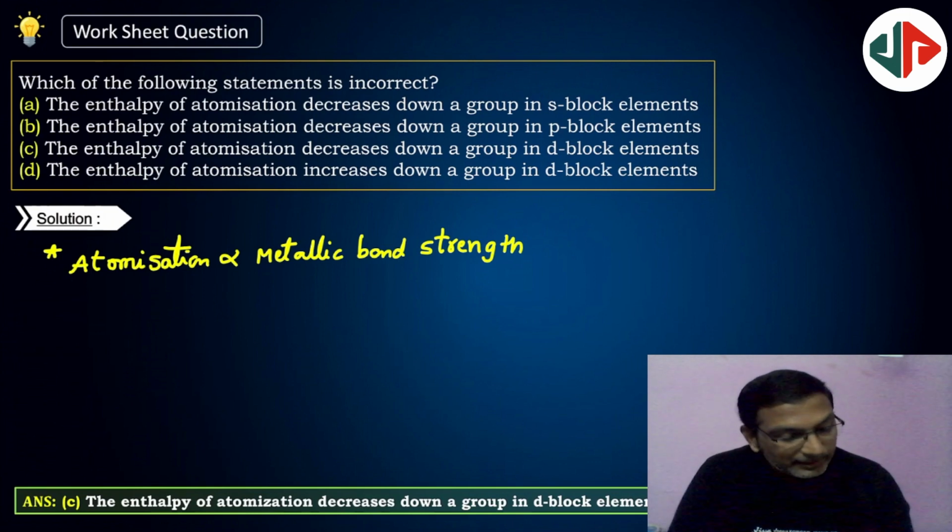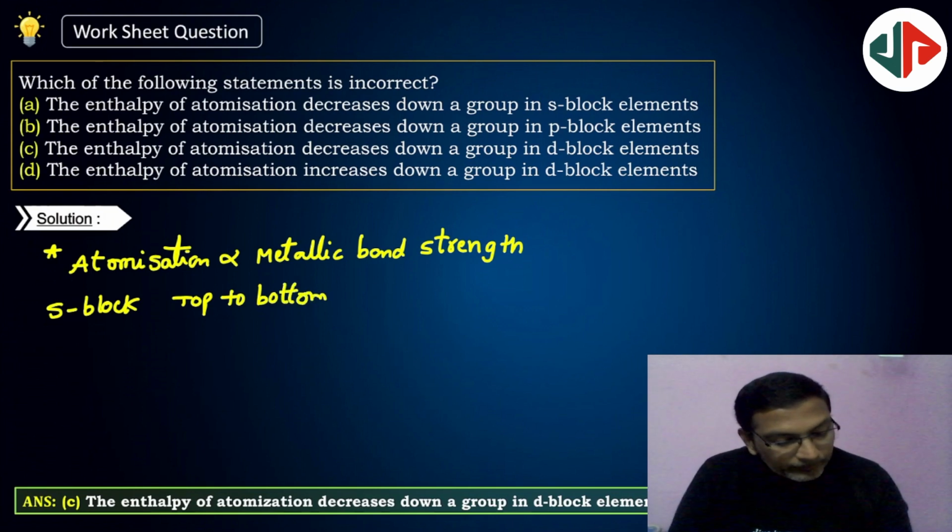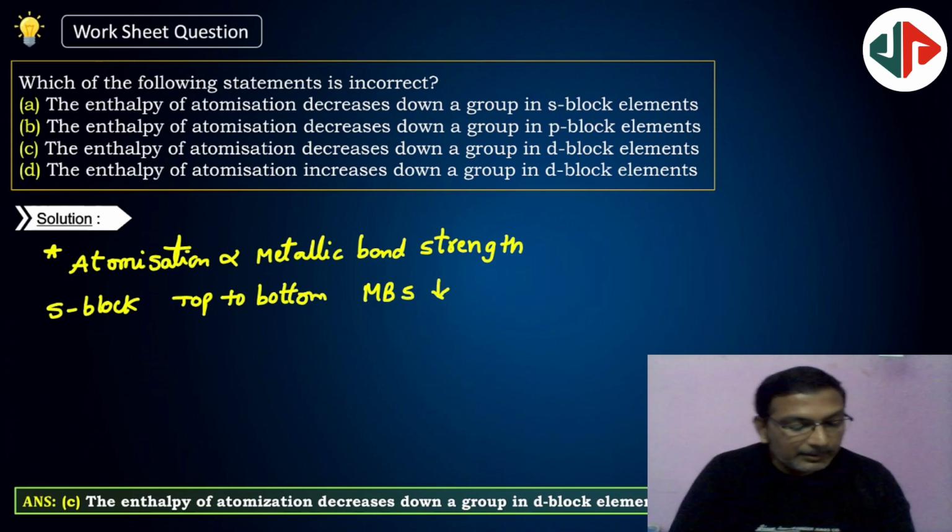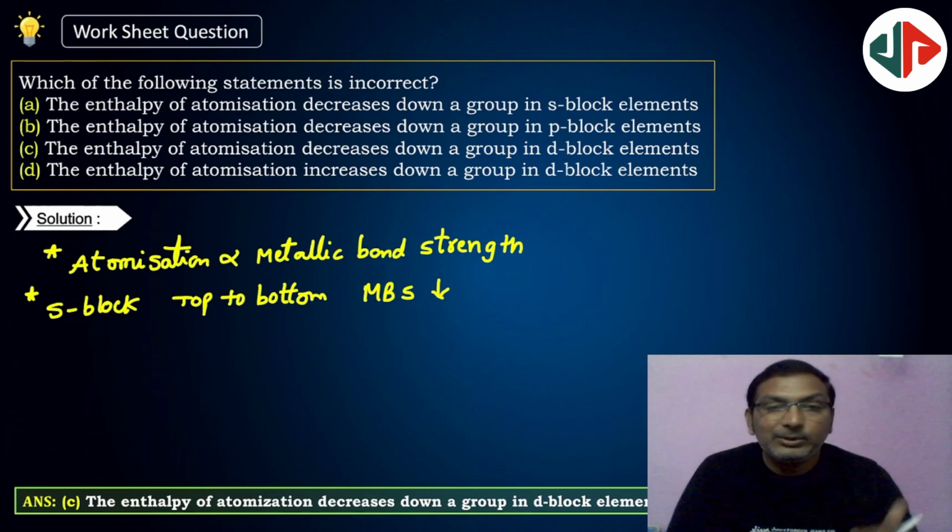So for s block elements, down the group, that means top to bottom, metallic bond strength decreases.